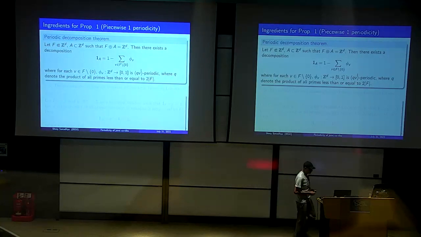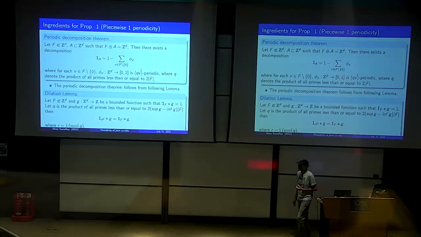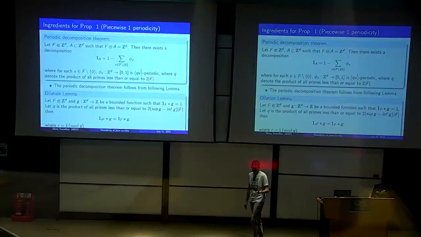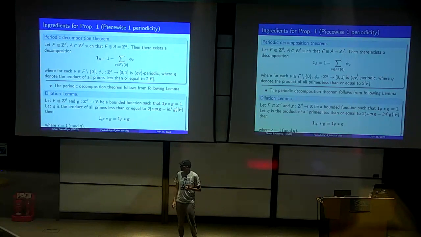This is a very strong result, and what goes into proving it is the dilation lemma, which has been talked about a few times already by Professor Kari and Rachel.